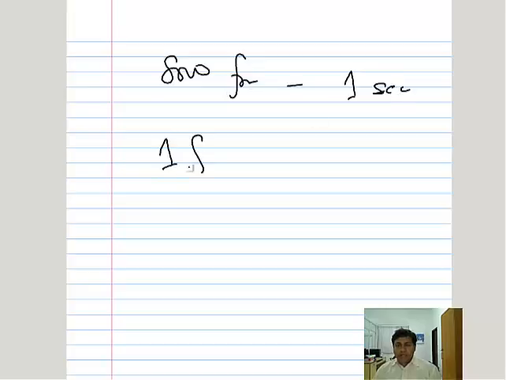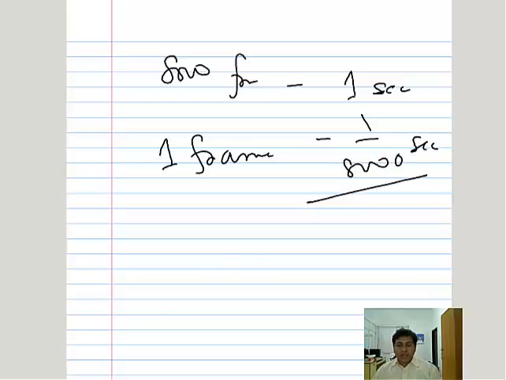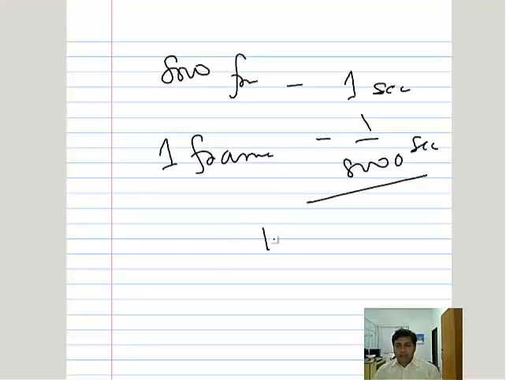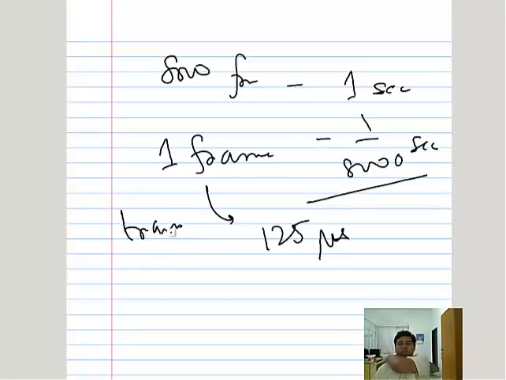So one frame takes 1 by 8000 second. If you calculate, it comes to 125 microseconds. So 125 microseconds is the transmission time for one single frame. This is for SONET.